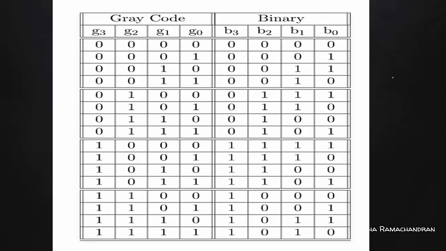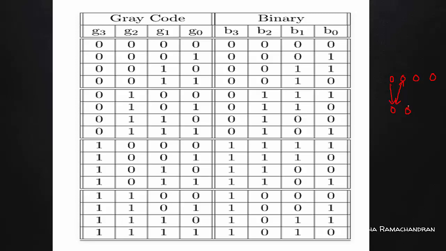So the procedure is like this. If the given gray code is this, then write the MSB bit as it is here in the binary. Next, take the XOR between this result bit and the next bit of our input. 0 and 0 bits are the same, so the result is 0.